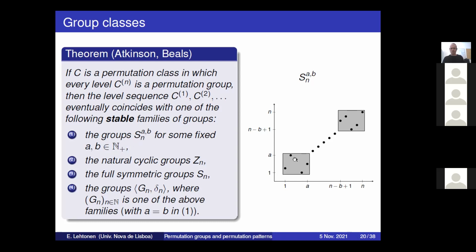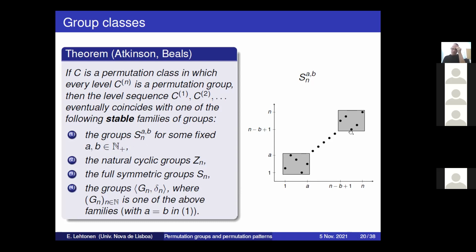It is the group of all n-permutations of this form, illustrated by this diagram. In this plot, we have first the A smallest numbers. The A smallest numbers are mapped to the A smallest numbers.